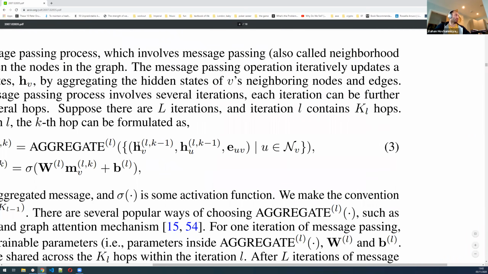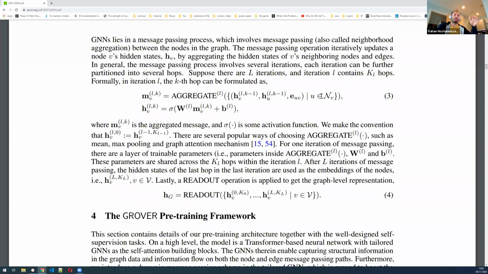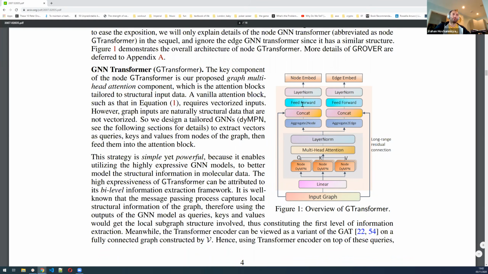Here we talked about nodes, but you can also have the same sort of aggregation on edges, except there we have to change the graph into what's called a linearized graph, to modify it so that edges become the focus of our learning. But it's very symmetric. Then the feed forward, which can be a very simple, fully connected network, and then again a layer normalization, and then we end up with an embedding.